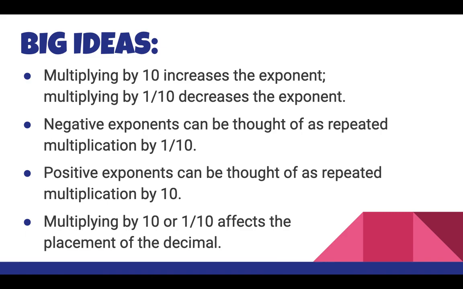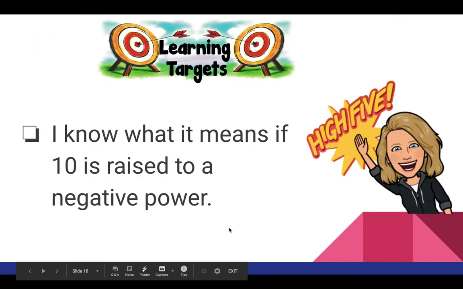And multiplying by 10 or 1/10 affects the placement of our decimal. So think of if we're multiplying by 10, our number's getting bigger, so our decimal is going to move to the right. If we're multiplying by 1/10, we are going to be moving to the left because our number's getting smaller.